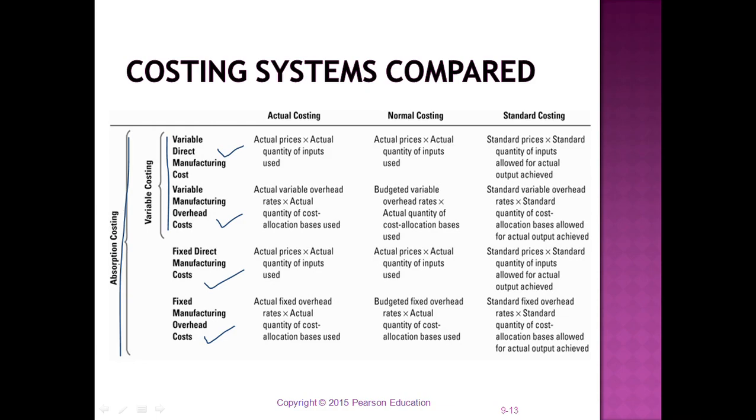All of this is taken as cost in absorption costing, whether you're following the actual costing method, the normal costing method, or the standard costing method. However, in variable costing, you do not consider the fixed direct or the fixed manufacturing overhead. You only consider the variable aspect of this.